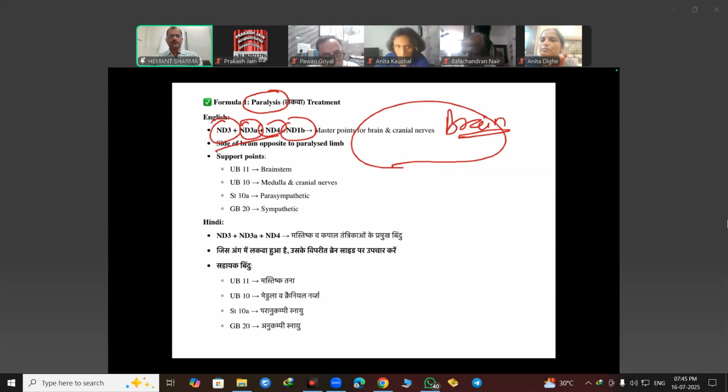So these are the common point. And what's written here? Where the paralysis has happened, treat the opposite side. The person is having problem on the side, treat the opposite side.